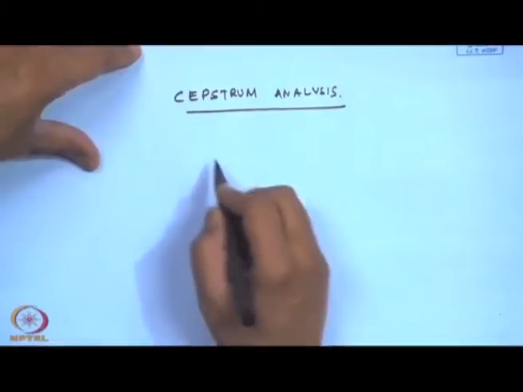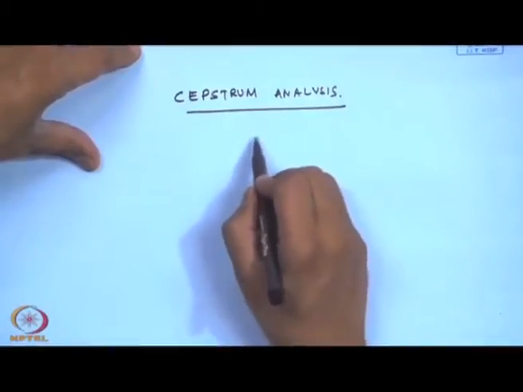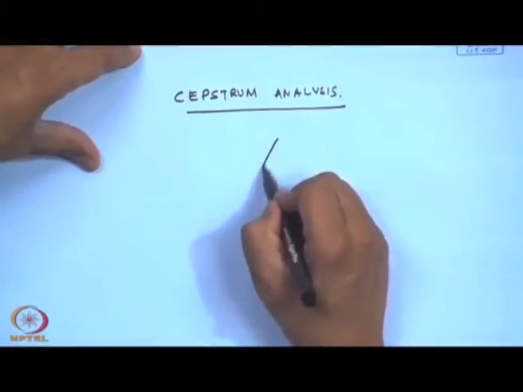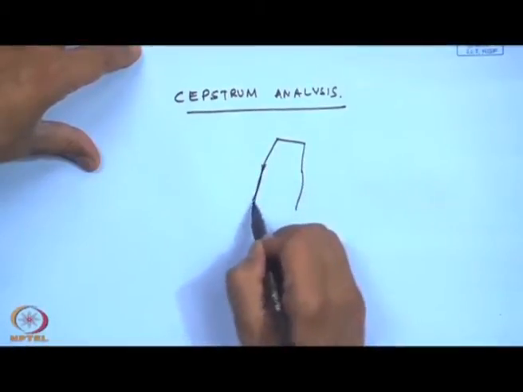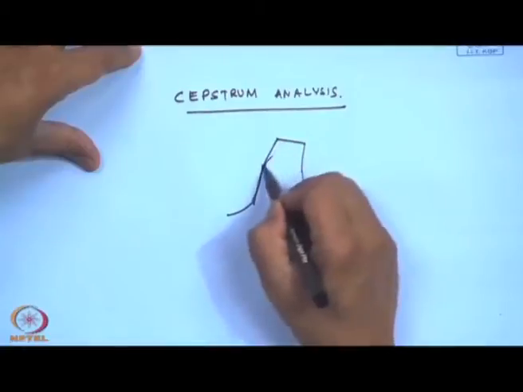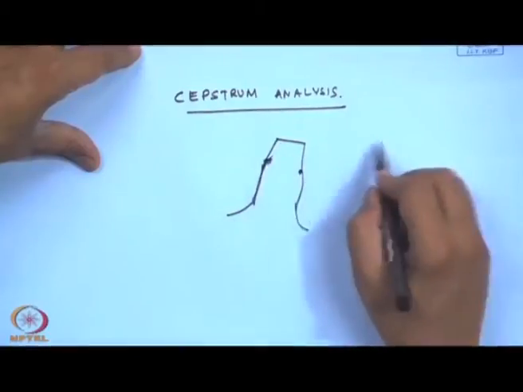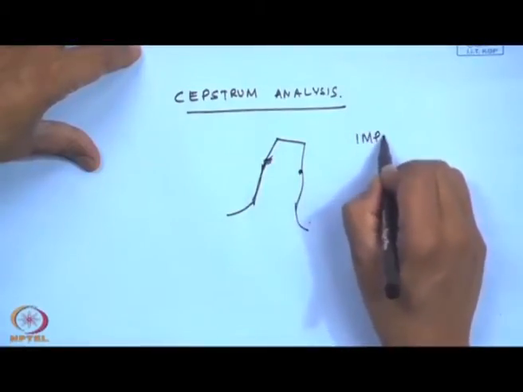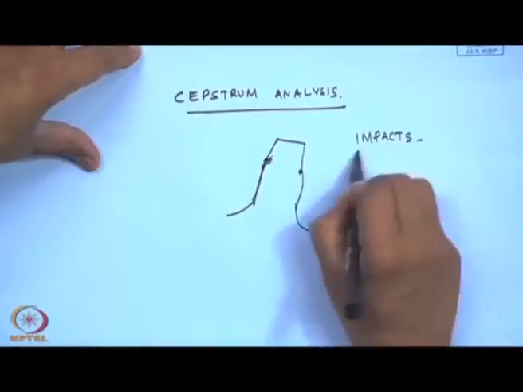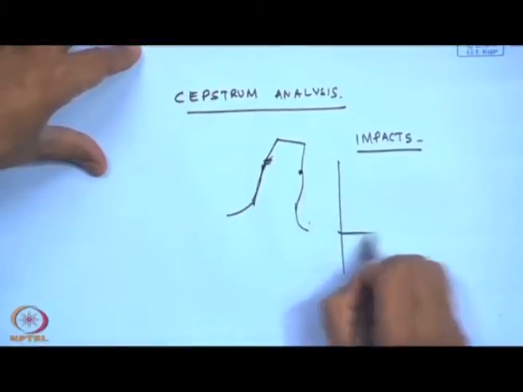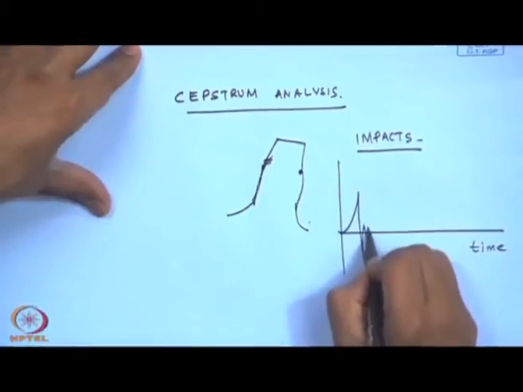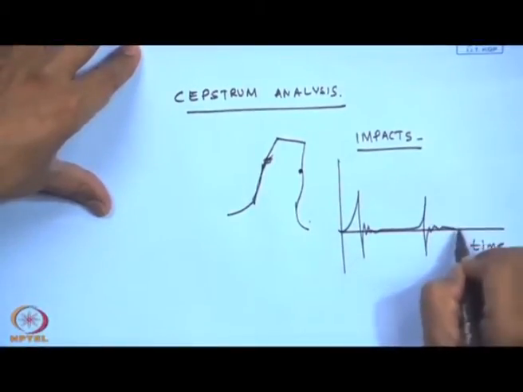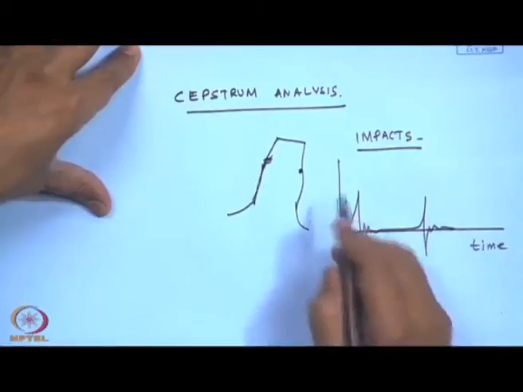But another important thing which happens because of these defects in the gear tooth, there will be a lot of impacts occurring, and these impacts in the time domain will look something like this.